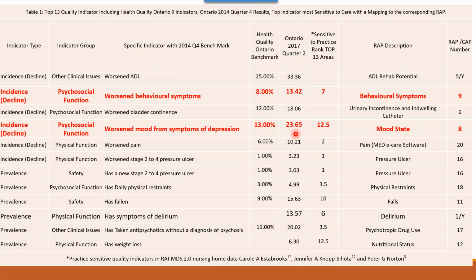Not all the E1 items, I'm sorry. We're going to actually be looking at a scale called the Depression Rating Scale. And so it uses, I believe, 7 items from that scale. And we can see we want to get from 24% of residents, or nearly a quarter of all residents, having experienced a decline, and we're trying to get down to where it's 13%.